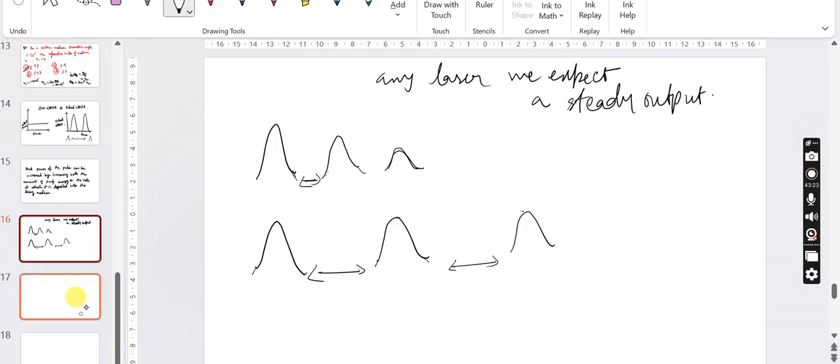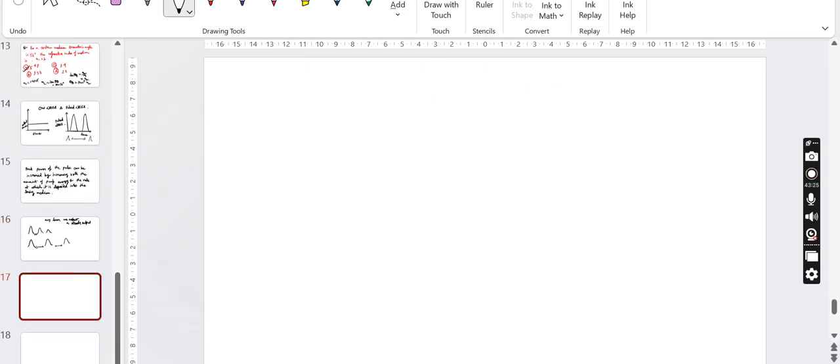So there are three different kinds of pumping rate: small, moderate, and extremely rapid.